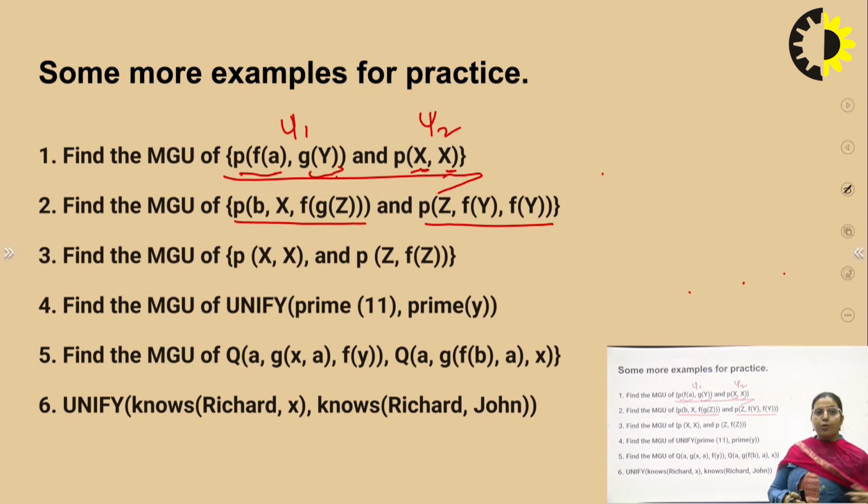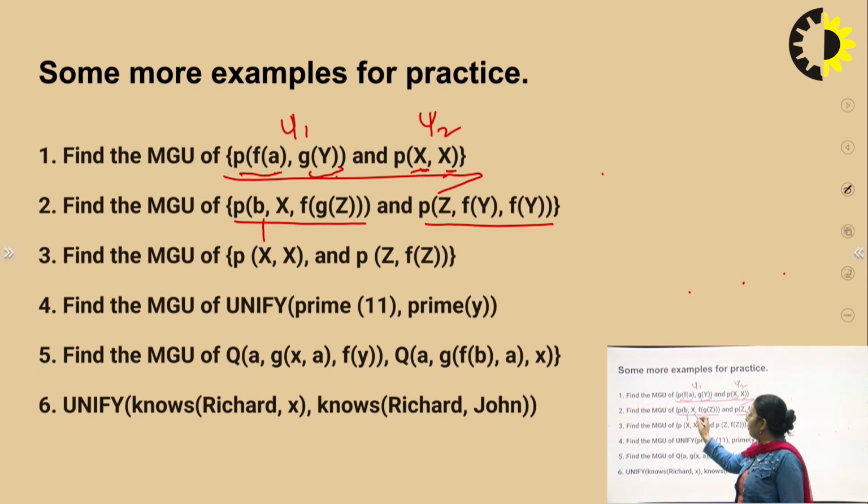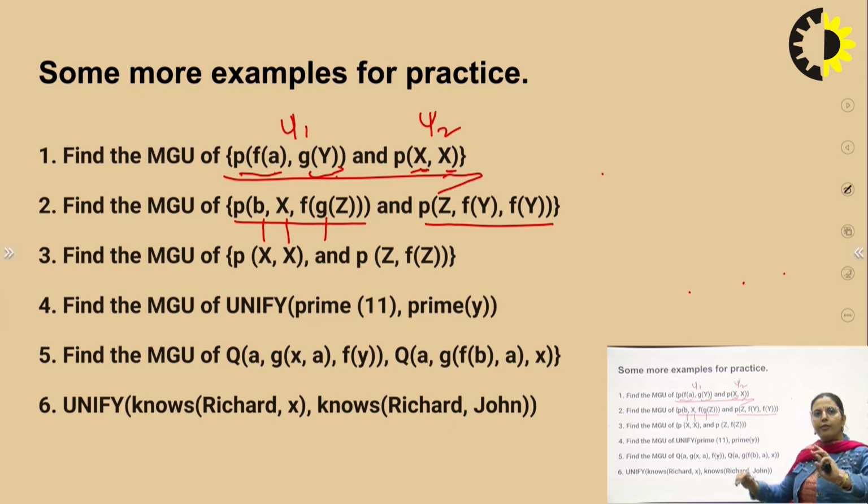First we have to check whether there is any quantifier or predicate present in this expression. There is no predicate, so no need to check that condition. Next we have to check the number of parameters. In the first expression there are 3 parameters, 1, 2, 3. In the second expression also there are 3 parameters.